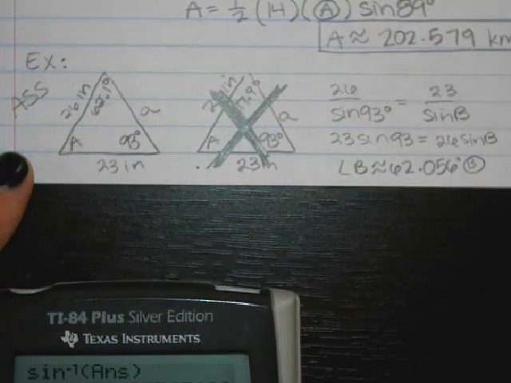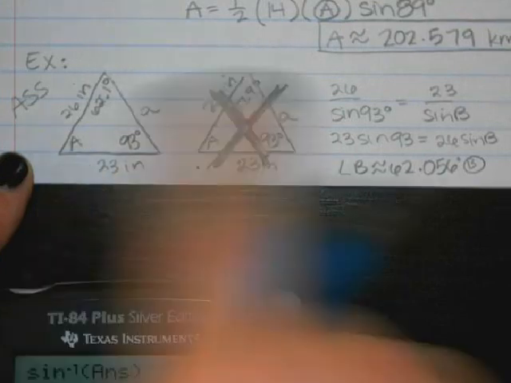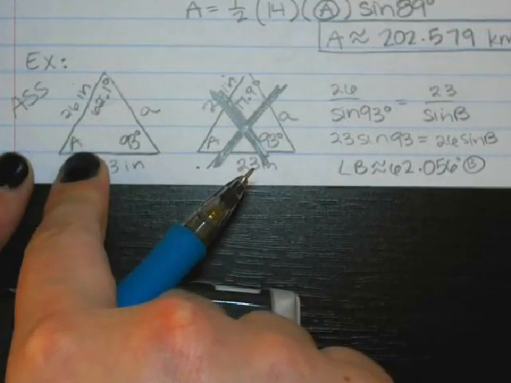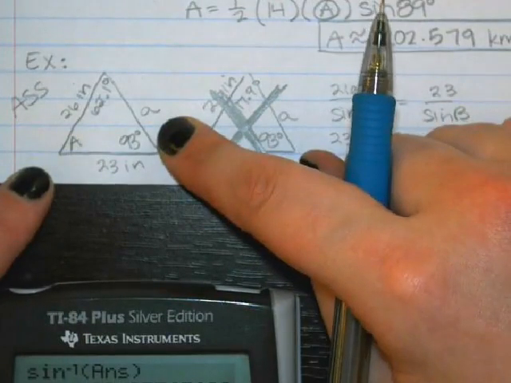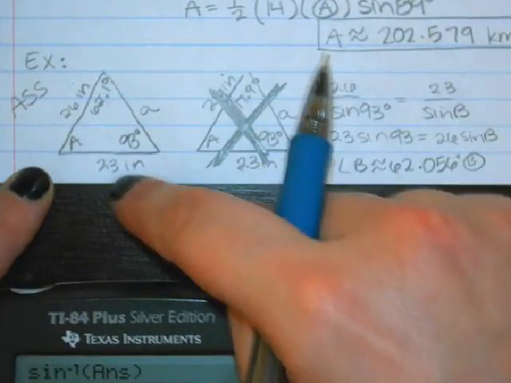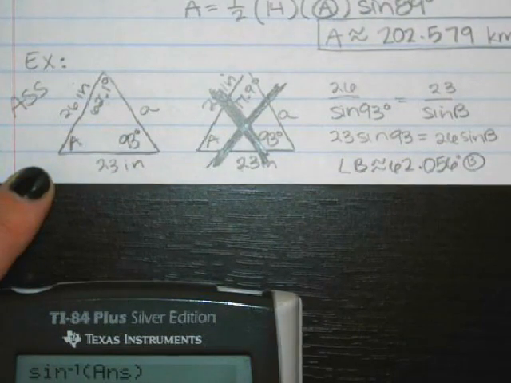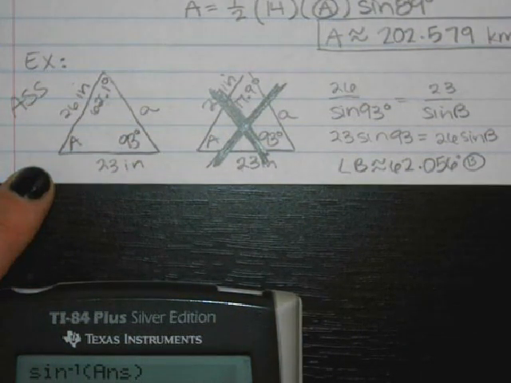So I have two options. I could find angle A, and then do side, angle, side. Or I could find side A, and do side, angle, side. I've got all those options. So I think finding angle A would be easier because you just have to do 180 minus that stuff. Okay?